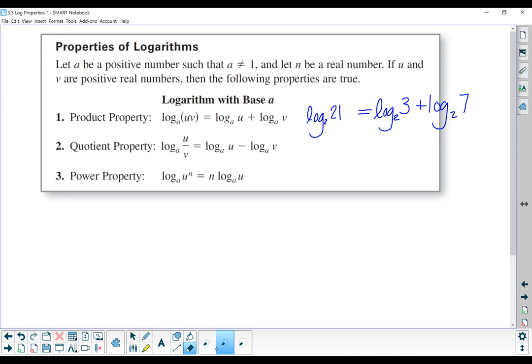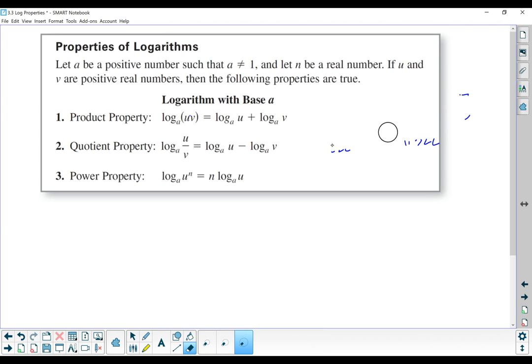In fact, just to make it easier, let's change it to base 10, because then we can just type it in really quick. So log of 21 is 1.322, and then log of 3 plus log of 7, let's type that whole thing in my calculator, hit enter, it is also 1.322. They're the same.